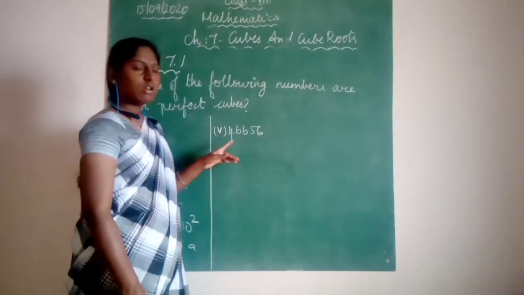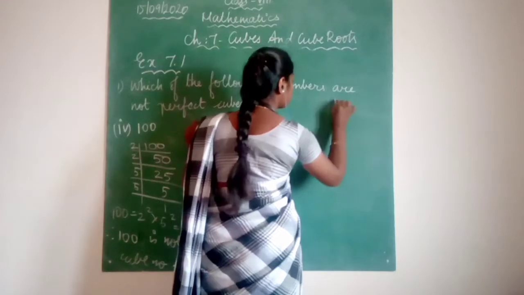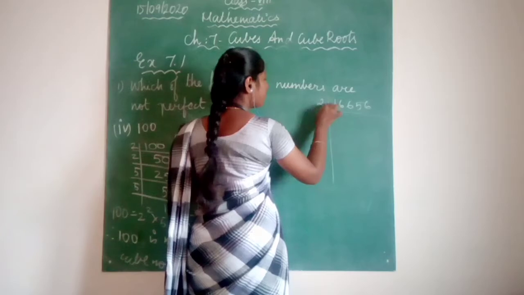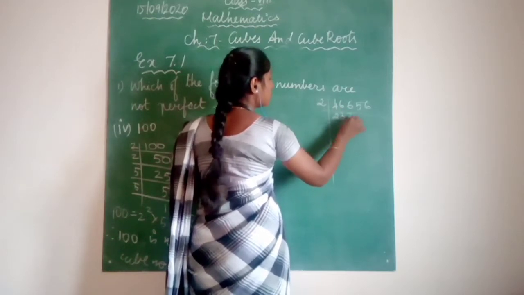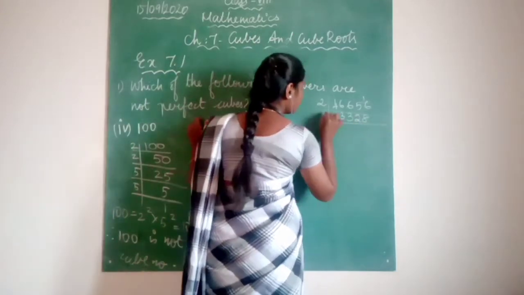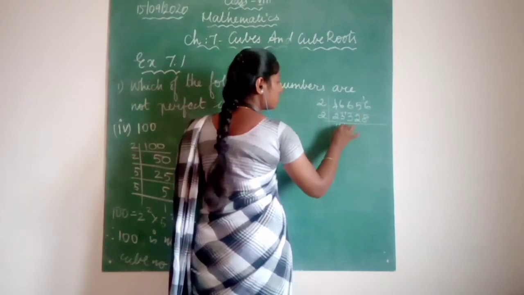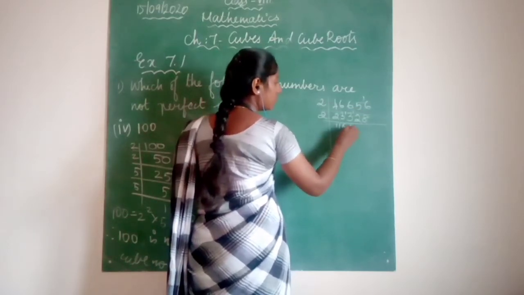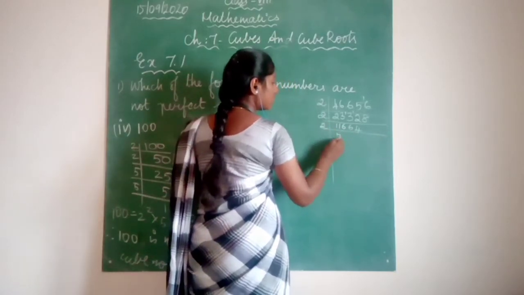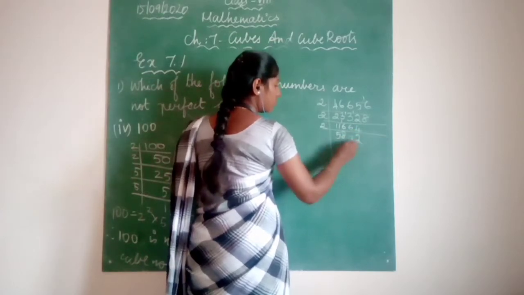The next question is 46,656. Now do prime factorization for this number. Start with 2 table. 2 2s are 4, 2 3s are 6, 2 3s are 6, 2 2s are 4, 1 remaining, 2 8s are 16. Then again 2 table, 2 1s are 2, 2 1s are 2, 1 remaining, 2 6s are 12, 2 4s are 8. And again 2 table, 2 5s are 10, 2 8s are 16, 2 3s are 6, 2 2s are 4.